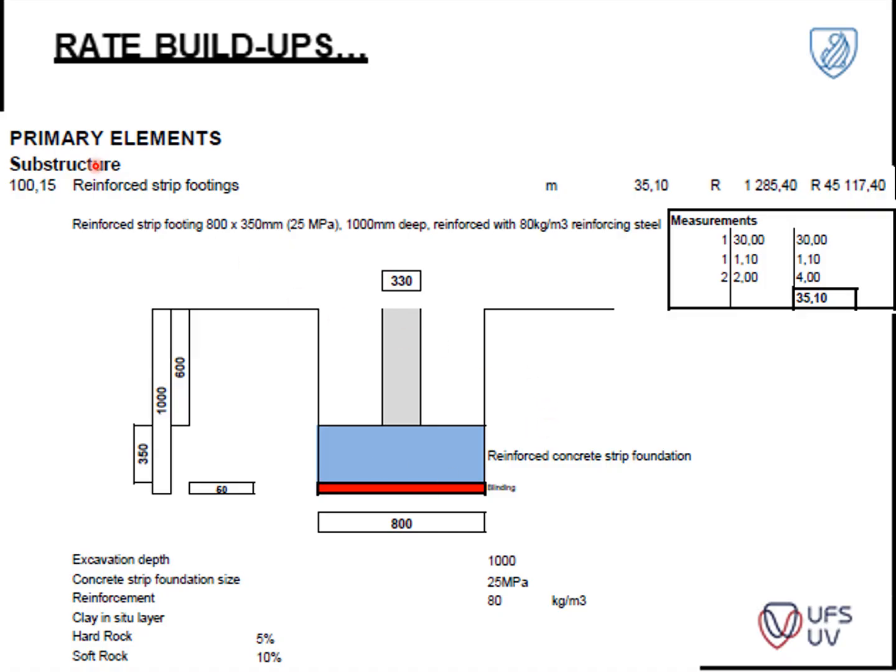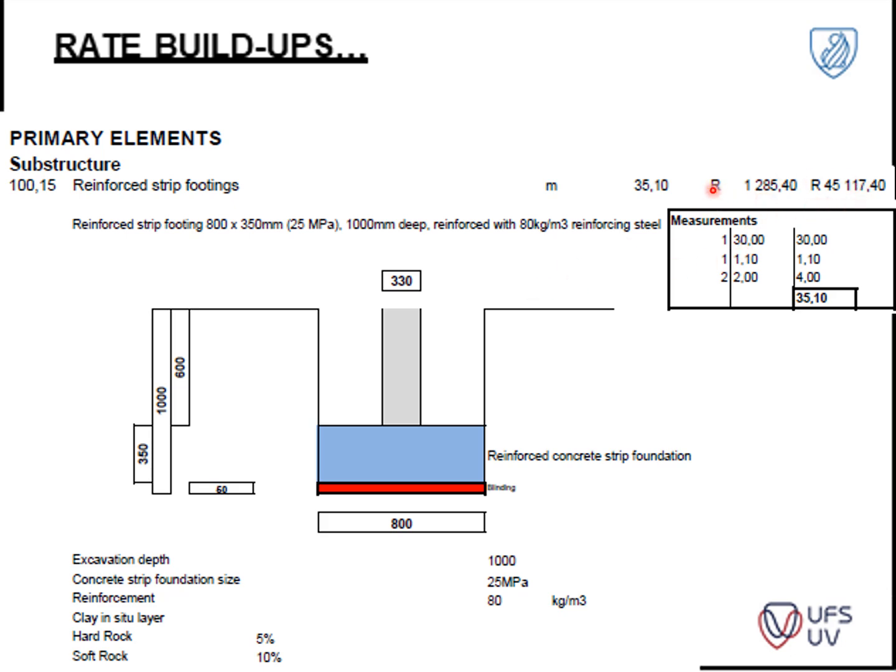So you will see in your elemental estimate, you will have your component reinforced strip footing. You measured it in meters and you measured 35.10 meters, and you had a rate of 1,285 Rand and 40 cents to build up this rate.